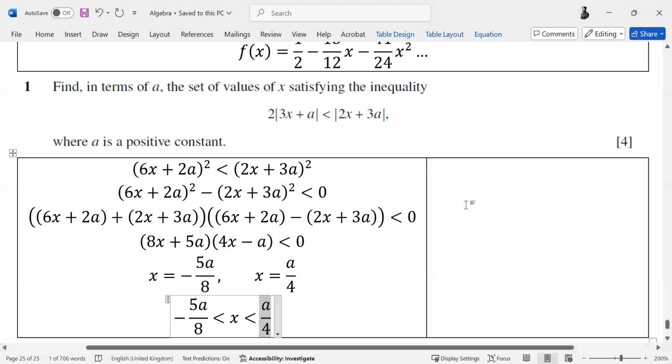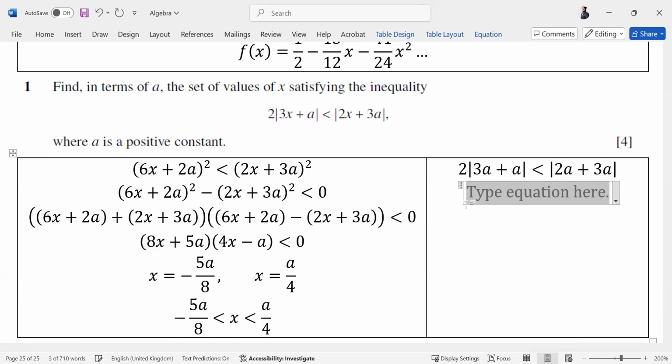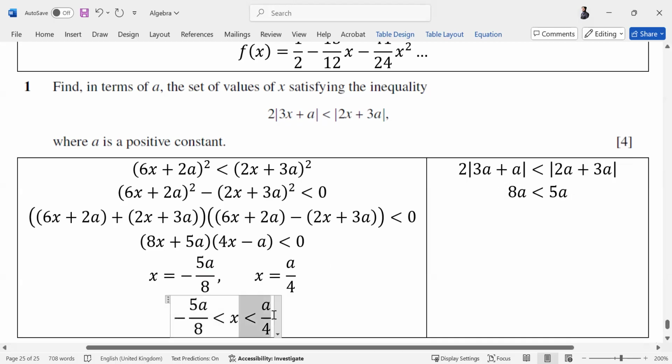So let's plug in a. 2, and this is we are verifying 3a plus a is less than 2a plus 3. So 4a come out, 8a is less than 5a. Is this true or false? 8a cannot be less than 5 no matter what positive constant you plug in. So this is false. That means this limit is satisfied.